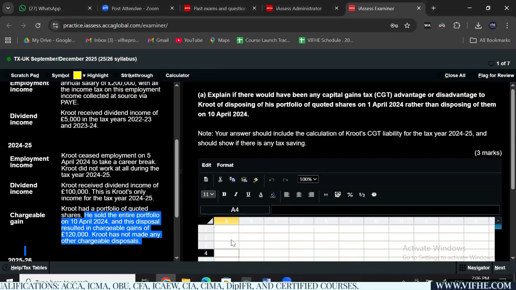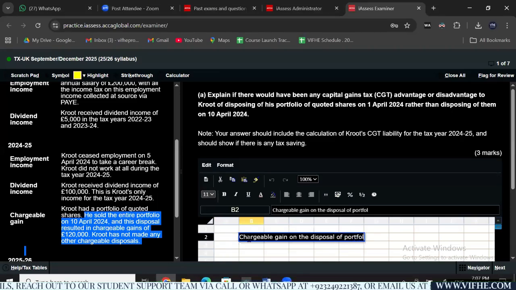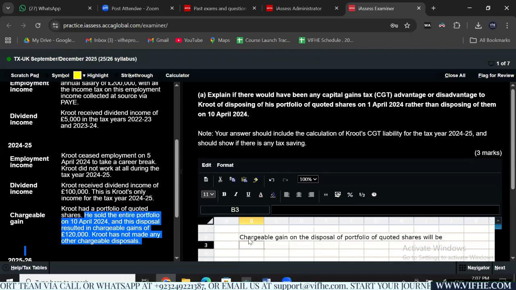So, what the gain figure will be: the chargeable gain on the disposal of a portfolio of quoted shares will be 120,000, being the figure of gain.